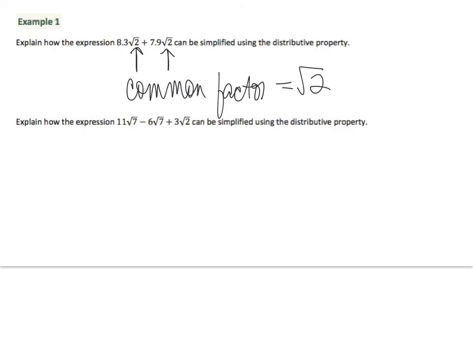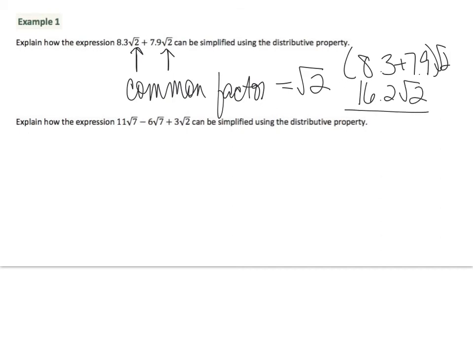It's not generally how I do the math, but you can. So I can take 8.3 plus 7.9, add those together, and I have 16.2 square roots of 2 as my answer. I think I do it more in my head than actually use the distributive property, but that's okay.